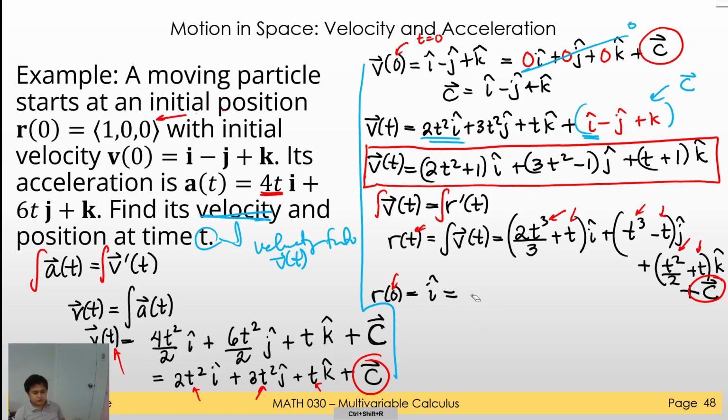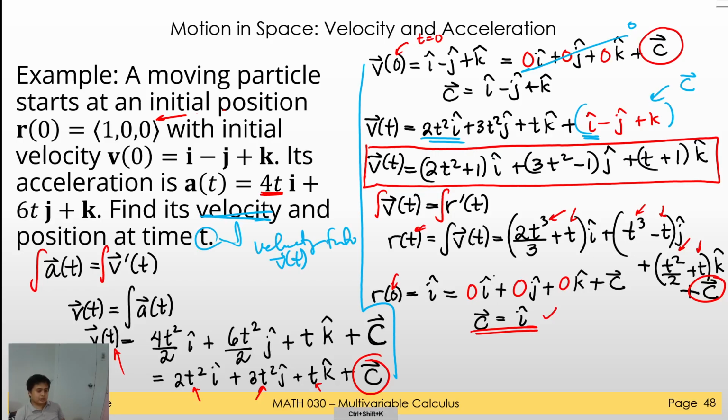When t is equal to 0, this will be 0. So plus 0 j hat, and then also this will become 0. So plus 0 k, and then plus c. So therefore, c vector is equal to i hat.